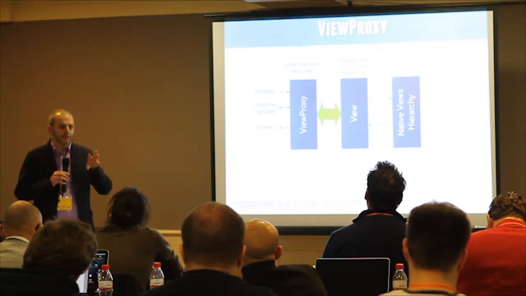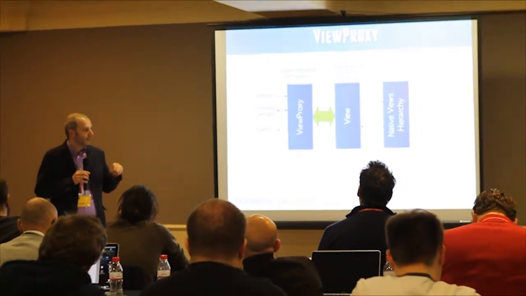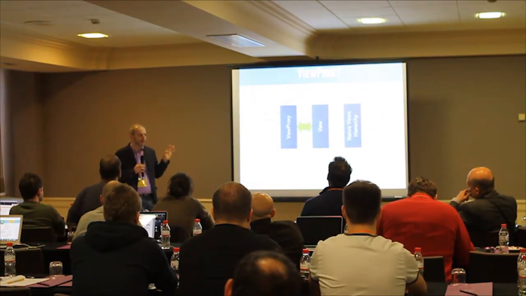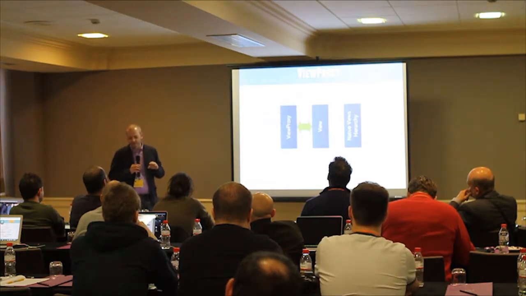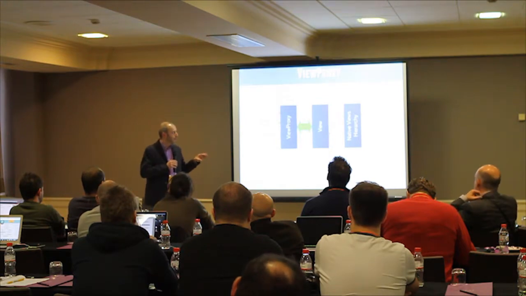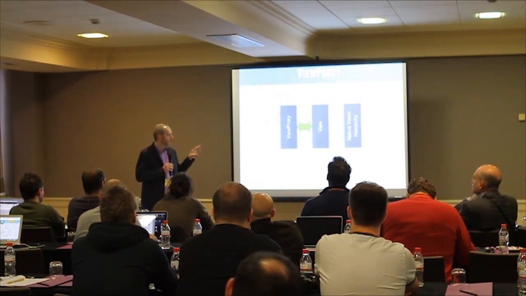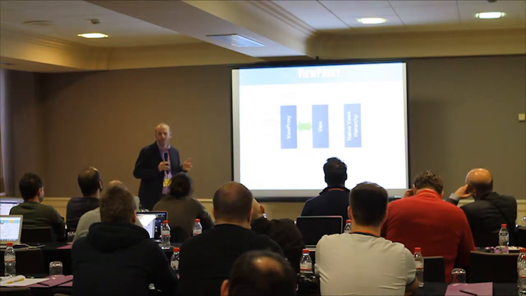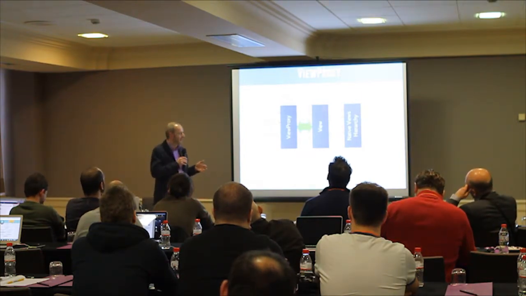So this is basically an interface between the JavaScript part and the native part managing the views. And so the view proxy exposes this kind of API that you already know because you're using it all the time.